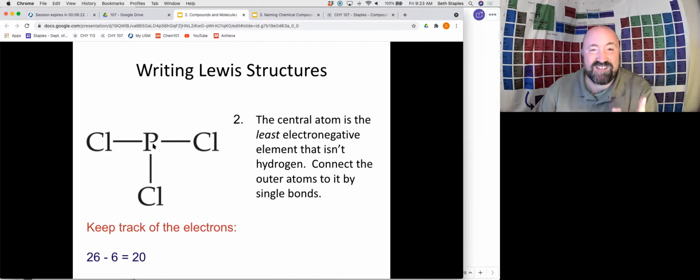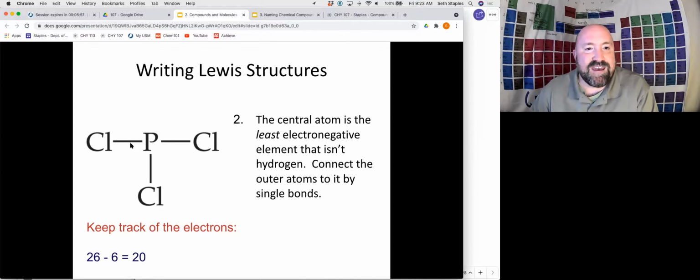If you have PCl3, phosphorus is probably going to be the middle one, with the other ones hanging on the outside. H2O, 2 hydrogens and 1 oxygen, the oxygen's probably going to go in the middle. And CH4 or CCl4, the carbon's probably going to go in the middle. So just put the one central that makes the most sense.